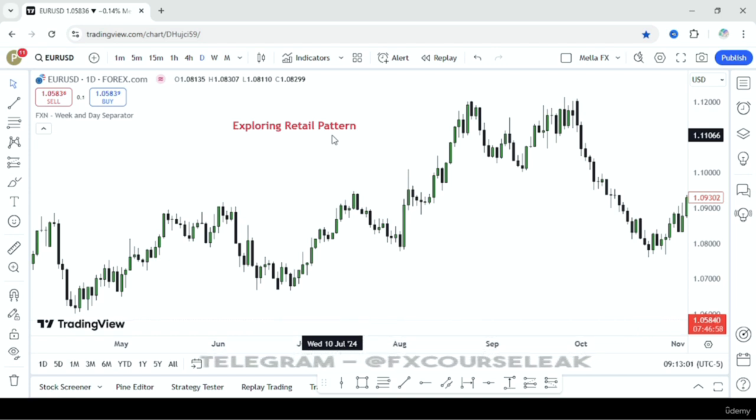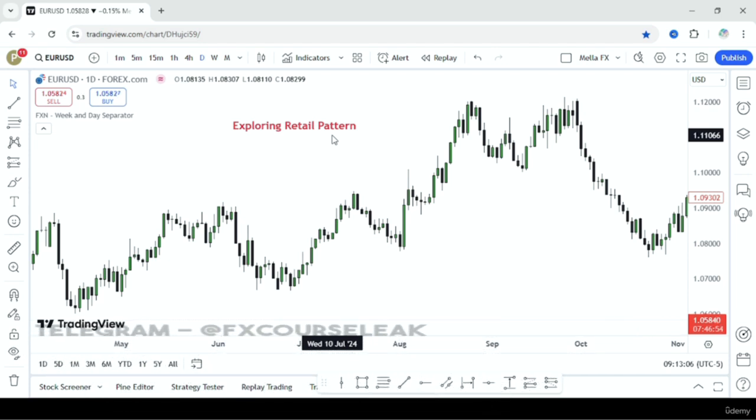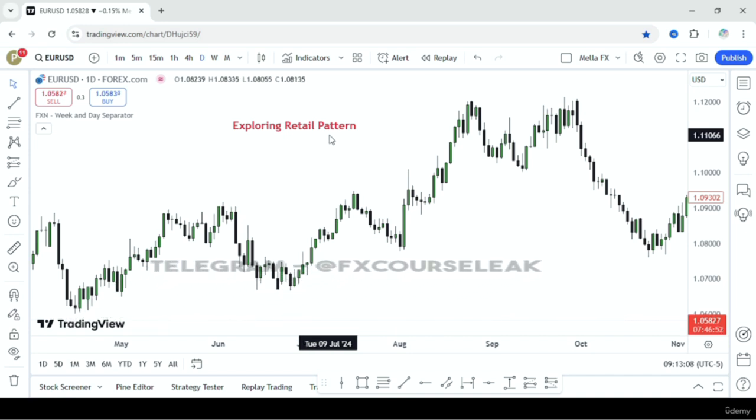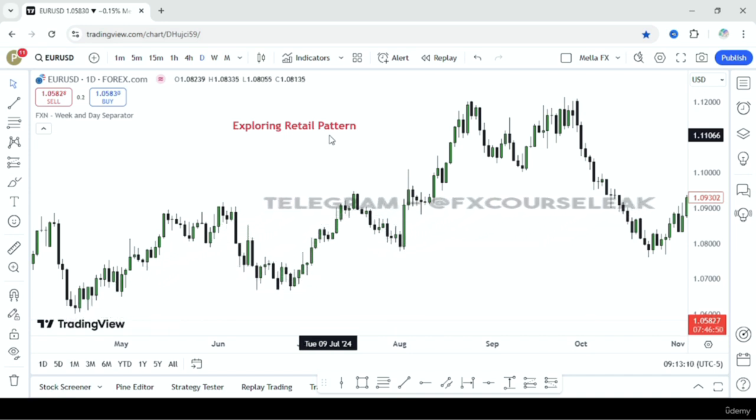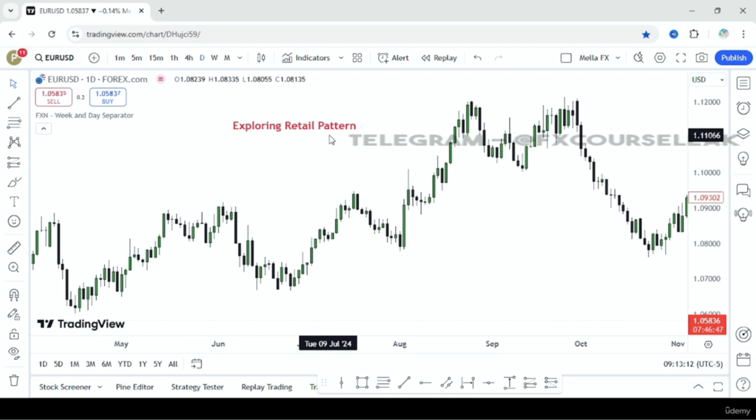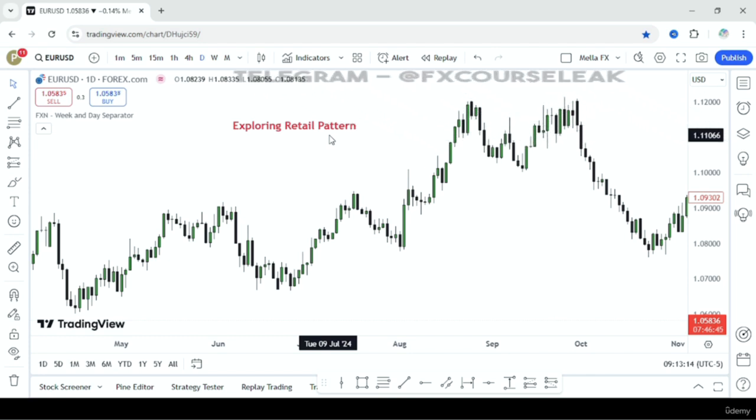So for example, the trend line. Retailers use the trend line to be able to identify areas of support or resistance.